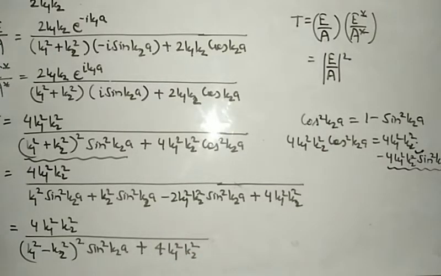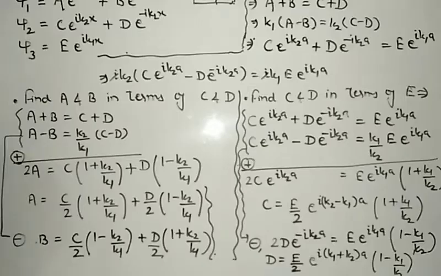So this is what we have obtained, the transmission coefficient. Now we have to find the reflection coefficient. So we have found the quantum mechanical transmission coefficient. Now we have to find the quantum mechanical reflection coefficient.